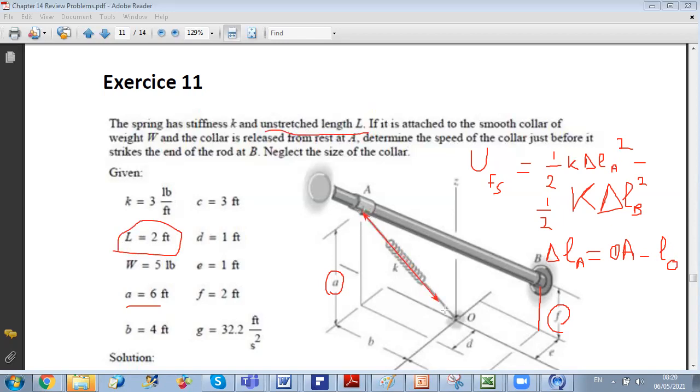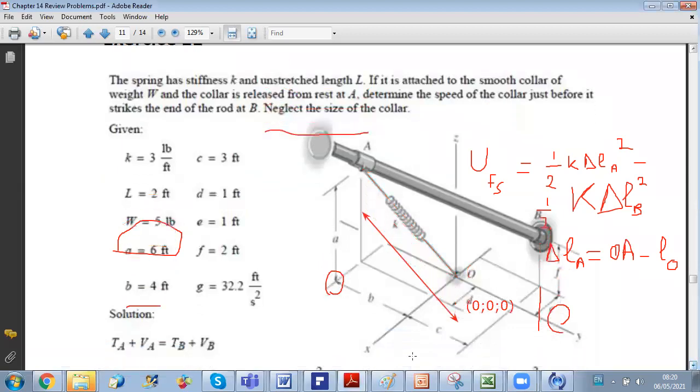And you know, in 3D, in order to find a certain length, you should find the coordinates of the points. So O is the origin. So for O, it's 0, 0, 0. While for A, the coordinates of A, we have along X, if this is X, this is Y, okay?